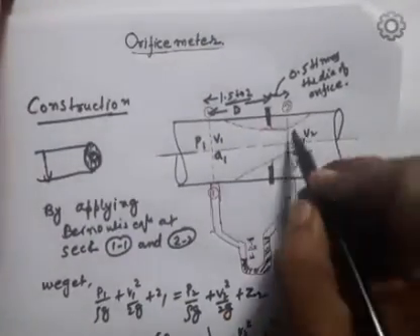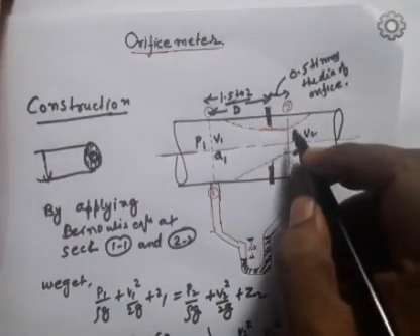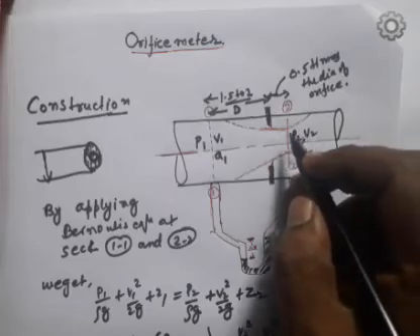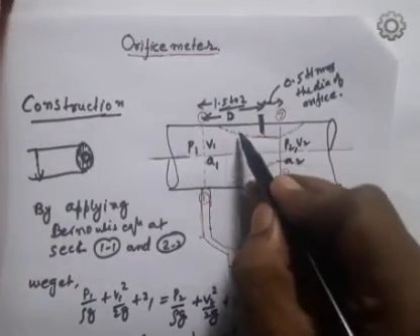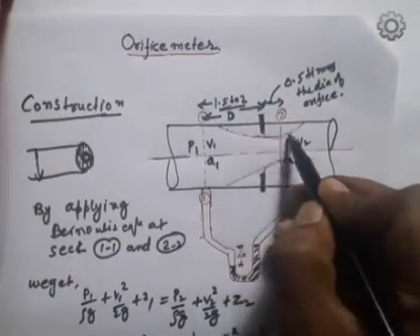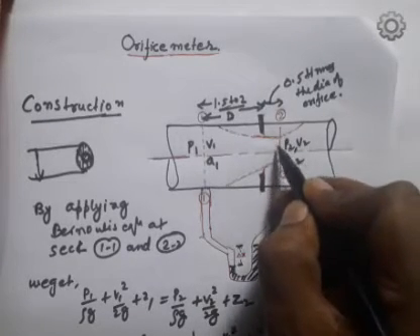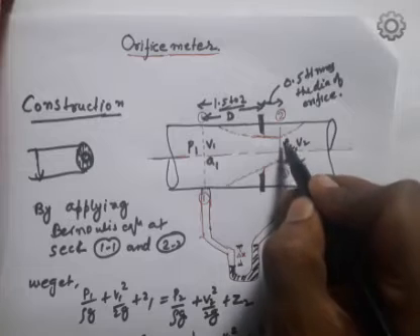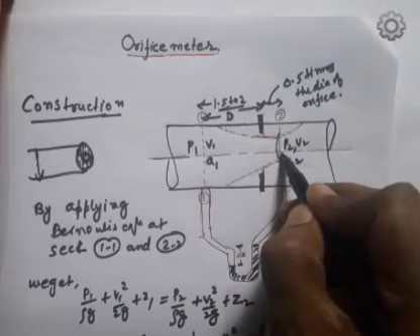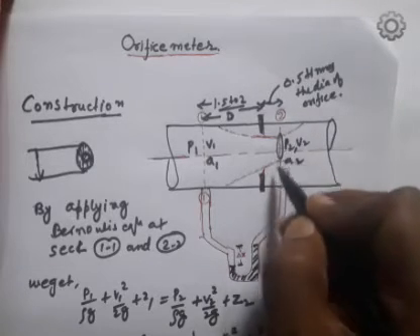Now section 2 is where it is very important. Section 2 is vena contracta. Vena contraction means when the water flows through it, it goes like that. Then an area comes of the jet where the area is minimum, and that minimum area is known as vena contracta.